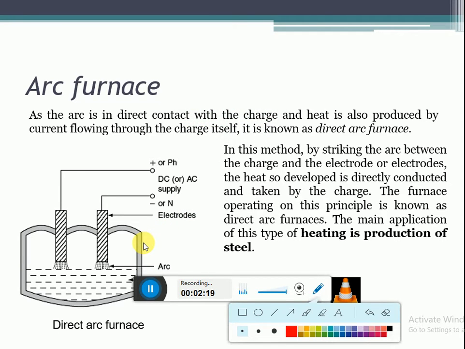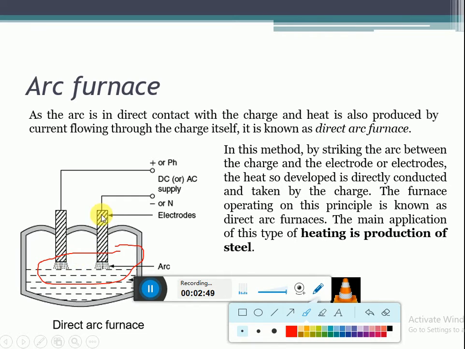In this method, an arc is sparked between the charge and the electrodes, and the heat so developed is in direct contact with the charge, meaning the materials. This process is called the direct arc heating furnace.